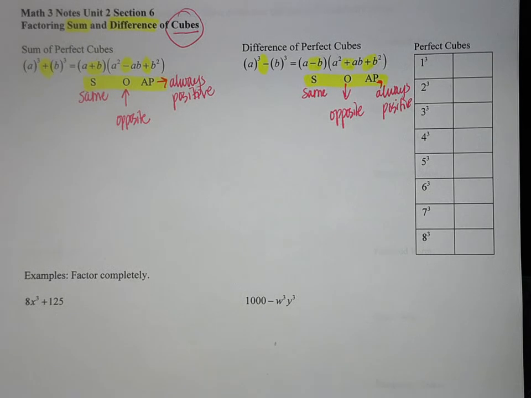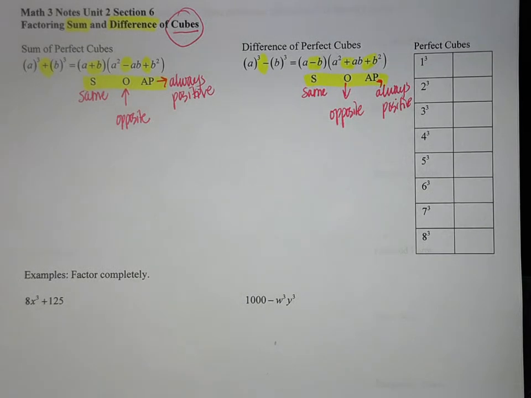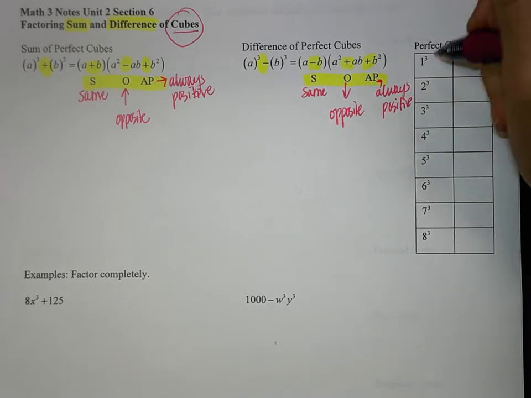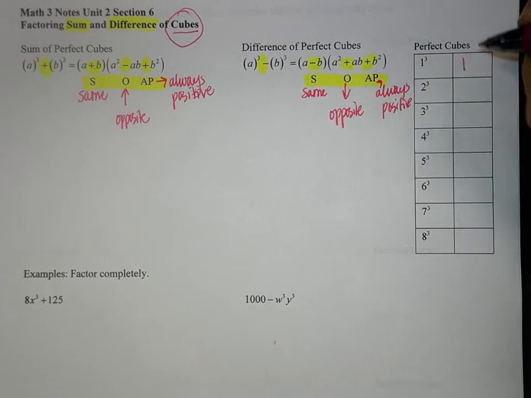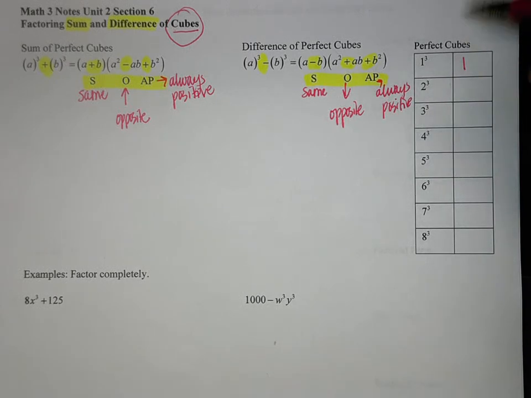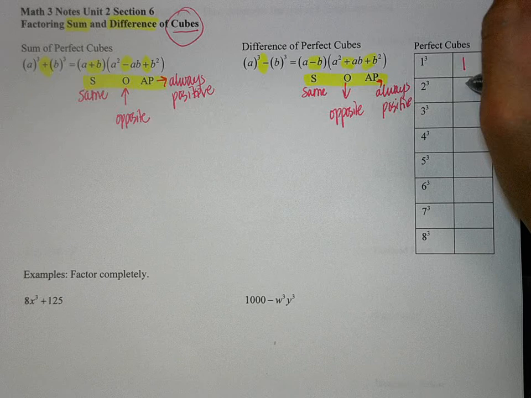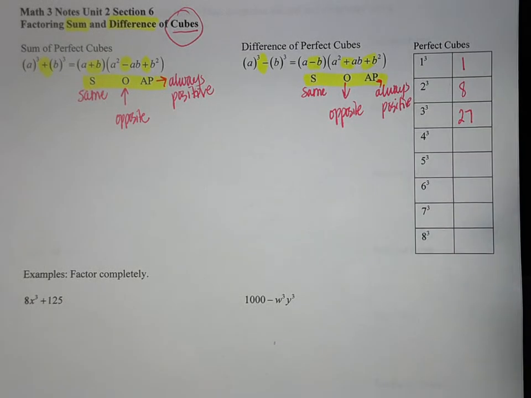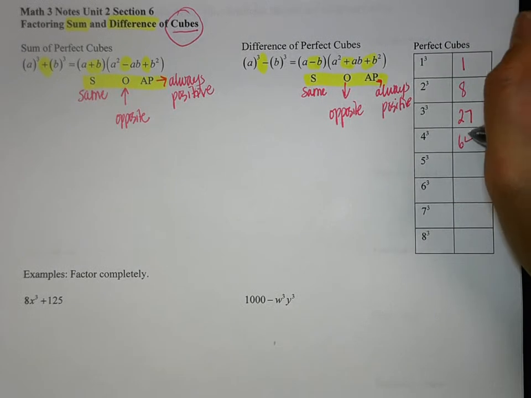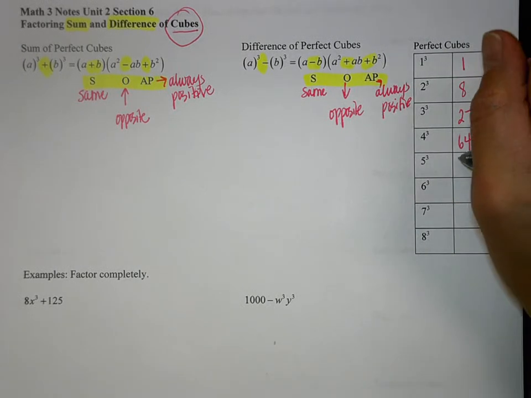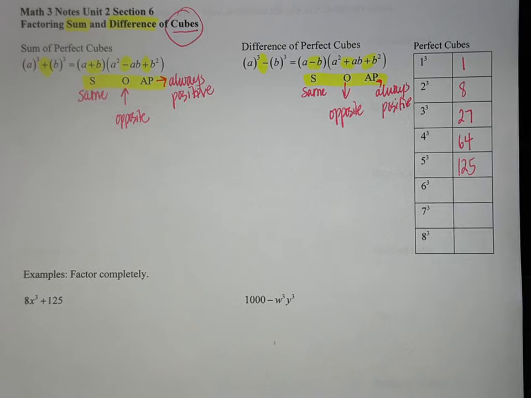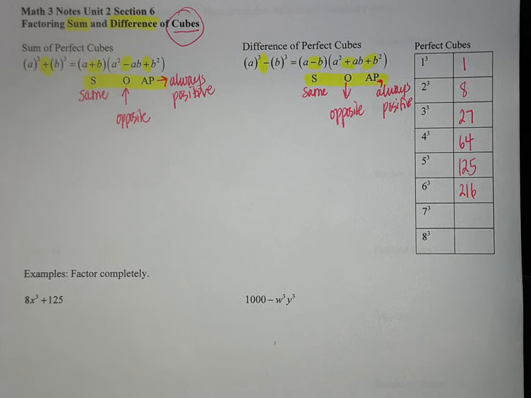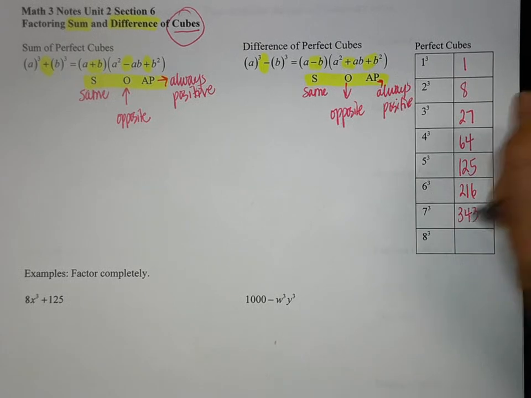We're going to talk about each of the perfect cubes right now, and we're just going to list these out because it'll be helpful as you're doing these problems today. And so 1 cubed is 1. 1 times 1 times 1. 2 cubed is 2 times 2 times 2, which is 8. 3 cubed is 27. 4 cubed is 64. 5 cubed is 125. 6 cubed is 216. 7 cubed is 343.